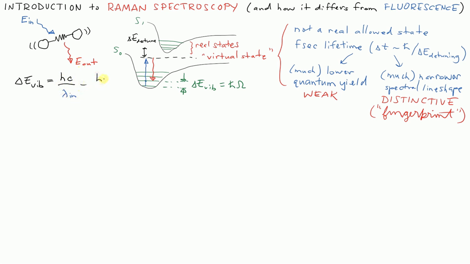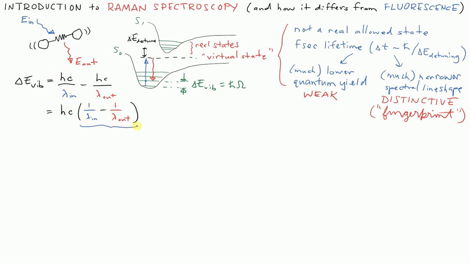And if we write the exact same thing with the outgoing photon, we get the energy of the outgoing photon. And of course, we can group hc on the outside, and what we'll get is two terms here: 1 over lambda in minus 1 over lambda out.